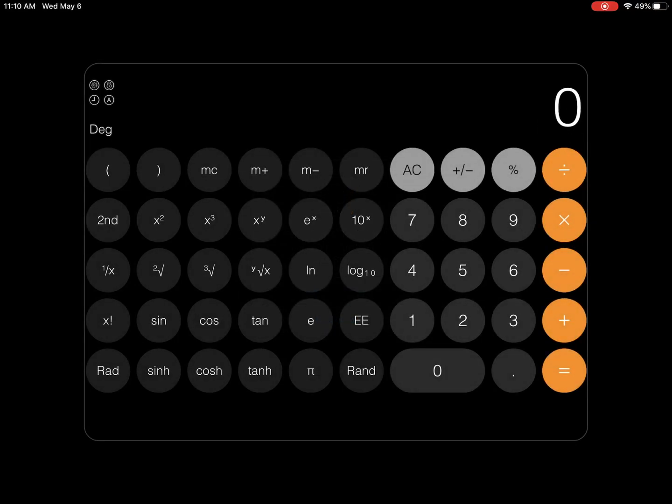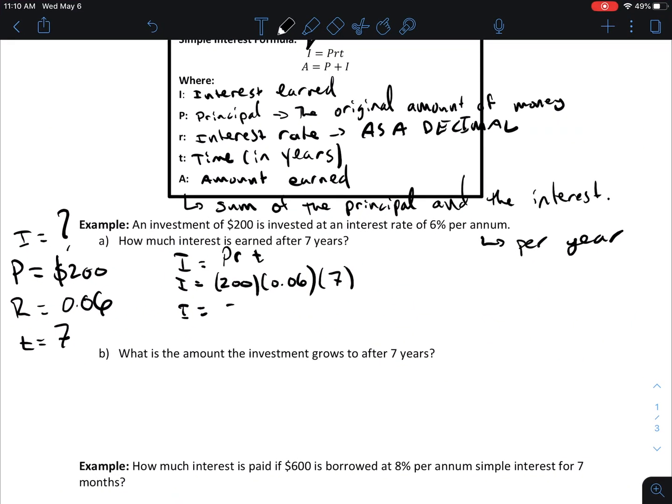Then you can go over to your calculator: 200 multiplied by 0.06 multiplied by 7, 84. So you're going to see here that simple interest doesn't earn you a lot of money, depending on what your principal is. Therefore, over 7 years, you earn $84.